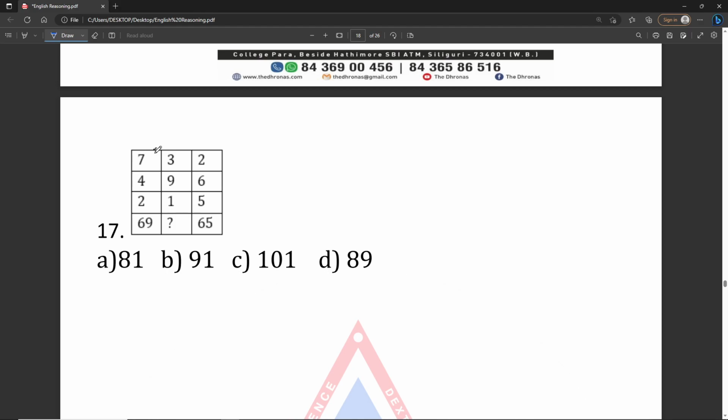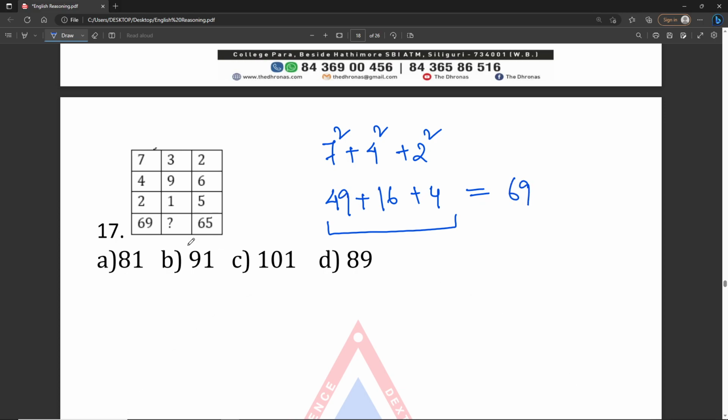So how does it come? If we write 7 square plus 4 square plus 2 square, 7 square is 49, 4 square is 16 and 2 square is 4. If we add all three, 16 plus 4 is 20, 20 plus 49 is 69. See, 69 is there.